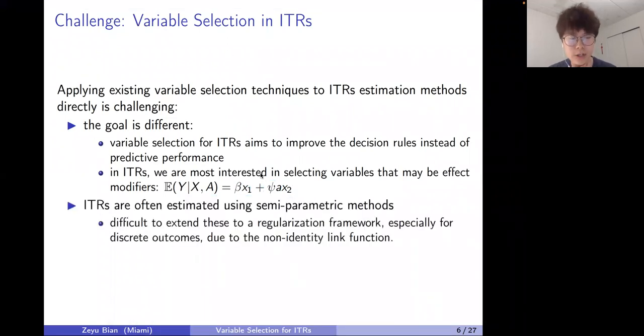And the second challenge is that ITRs are often estimated using semi-parametric methods. Semi-parametric methods are difficult to extend to a regularization framework, especially for discrete outcomes due to the non-identity link functions. We will see that later.